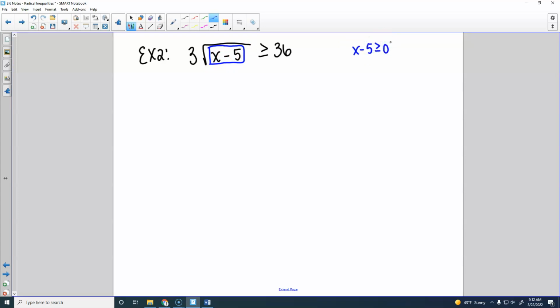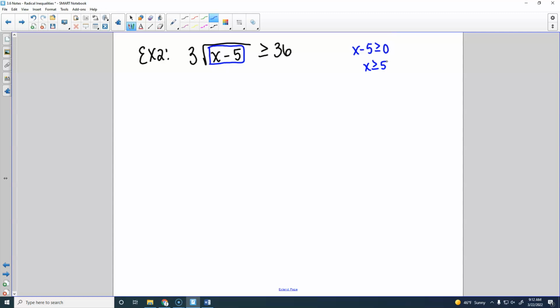We've always got to deal with that. So we're going to move the 5 over to the other side, so x has to be greater than or equal to 5. I can't have any numbers that are less than 5 because that would not satisfy this situation right here. So we're just going to put that to the side. We're going to solve this inequality.